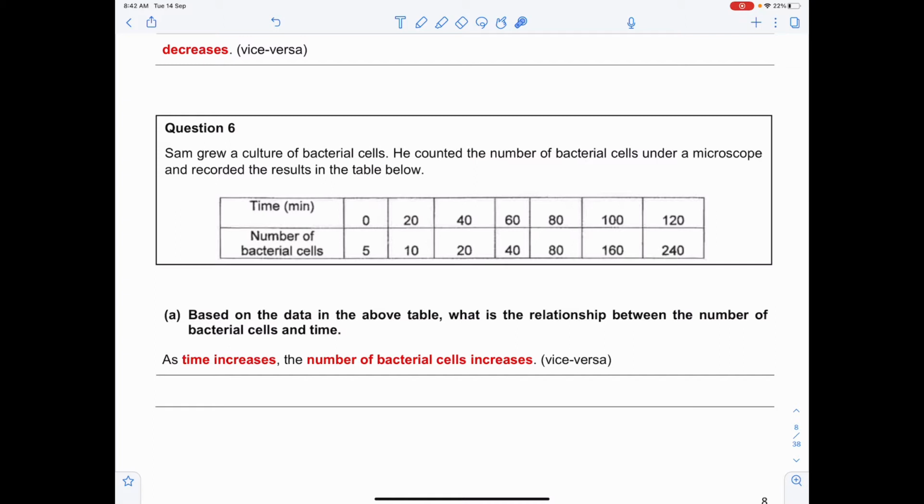Many of these questions you will note that you've actually seen before. It's just that we consolidated everything here for you.